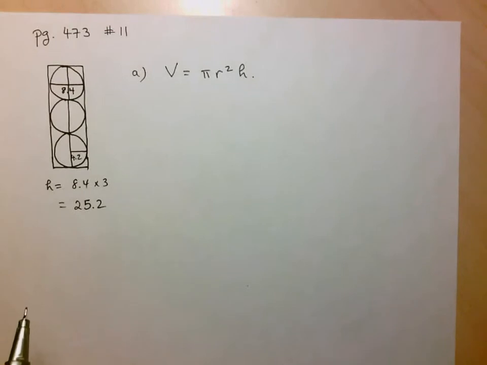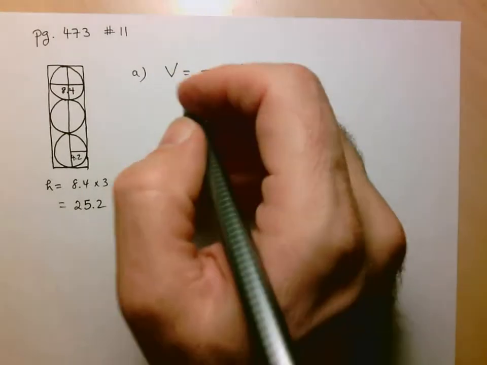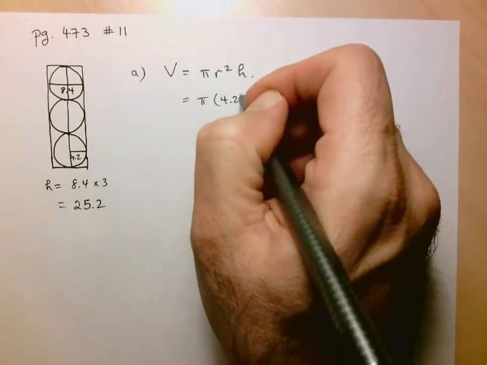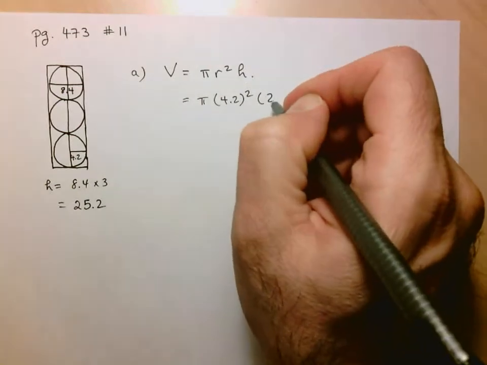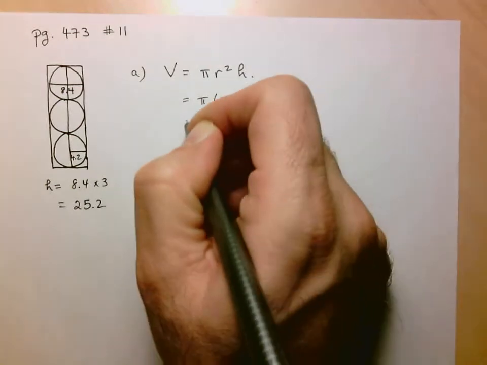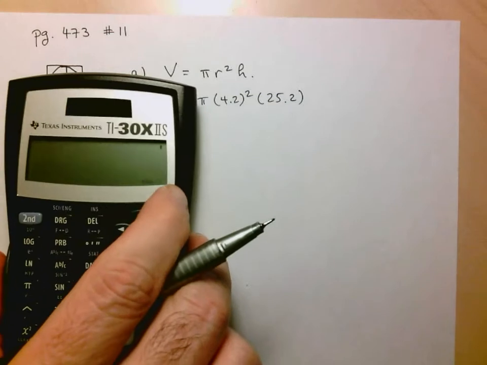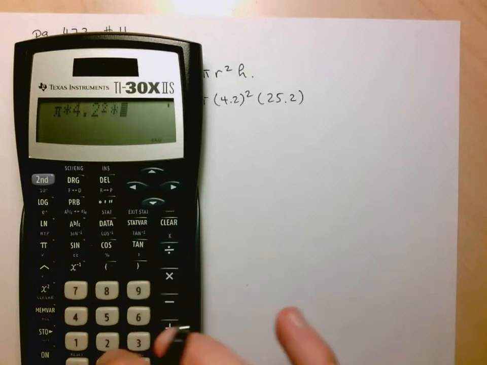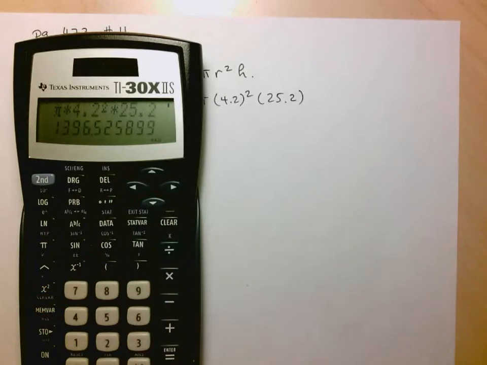And so now we have all the information we need to find the volume. So the volume is just pi times the radius squared, so 4.2 squared, times the height, which is 25.2. Okay, and let's calculate that here. So we've got pi times 4.2 squared times 25.2, and that gives us 1396.5.